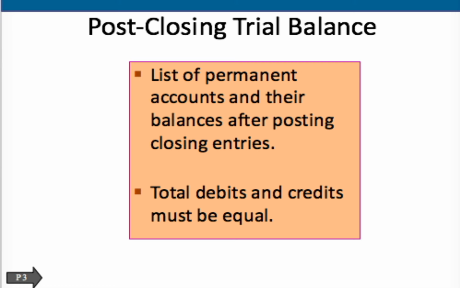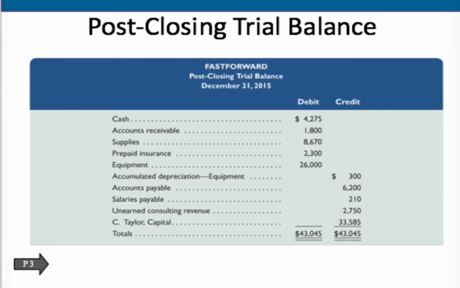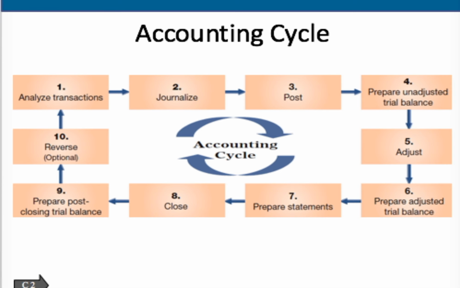It lists the balances for all accounts that have not yet been closed because they're permanent accounts. These will consist of assets, liabilities, and equity, which are obviously identical to those accounts you would see on the balance sheet. So here's an example of a post-closing trial balance.